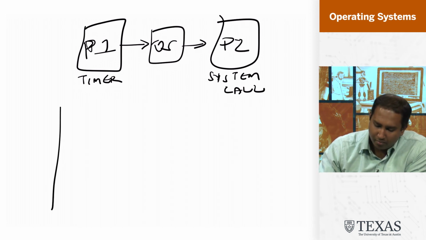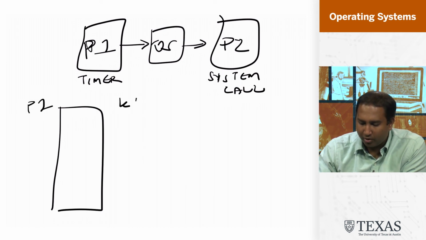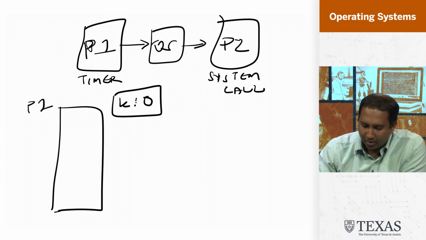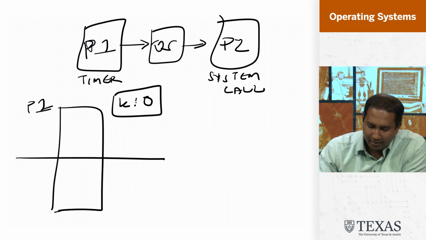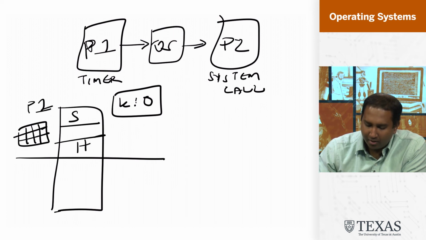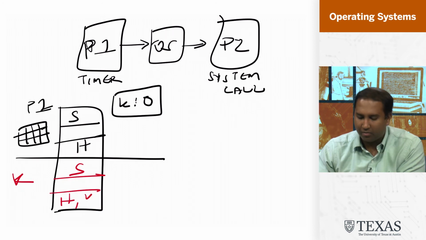You have P1 running, and kernel mode is 0, because we're not in kernel mode. P1 has its set of registers, its stack, its heap, and then there's all the other stuff in kernel mode, the kernel part of it, with heap, variables, and so on.